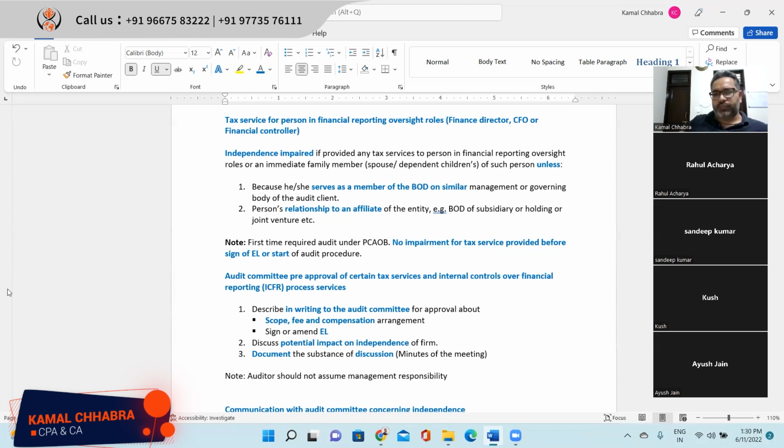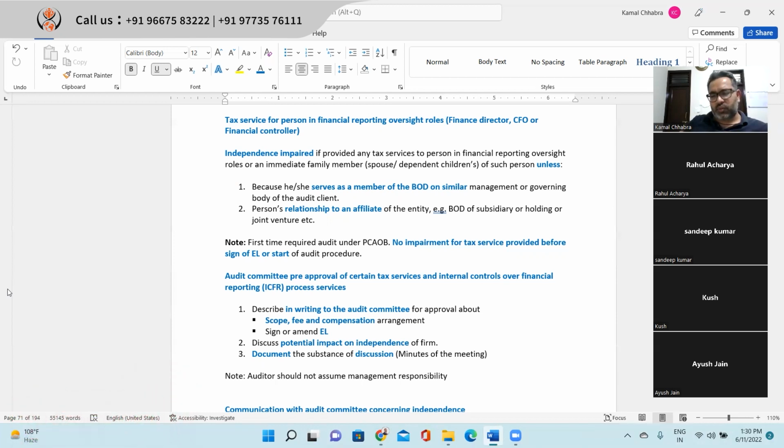That is allowed, right? The general rule is that independence is impaired, but there are certain exceptions to the general rule. If you keep in mind, when it is legitimate for that person, then it is allowed. If someone is specifically and dedicatedly working for that company, in that scenario, it is allowed.